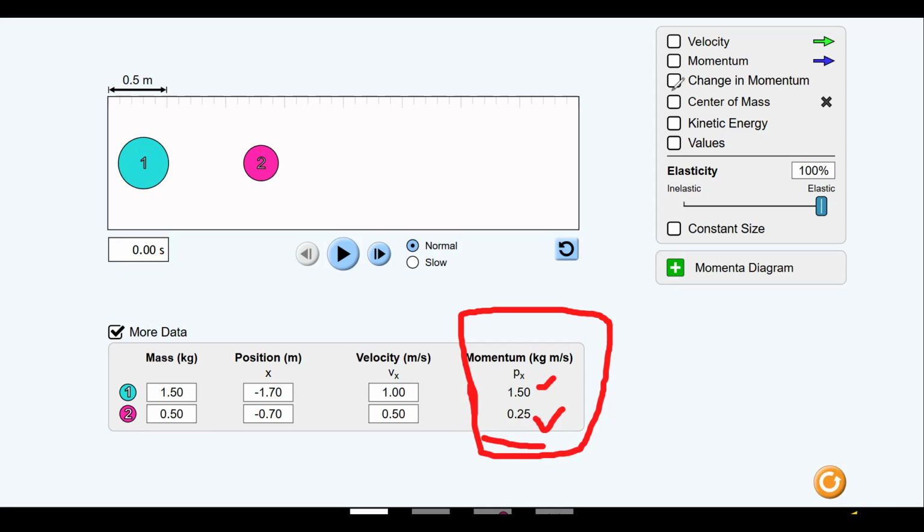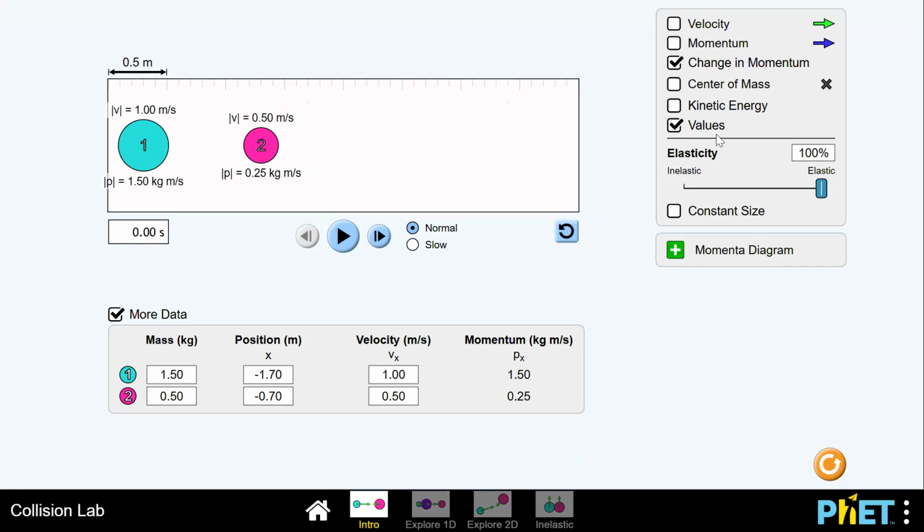So, for example, now you can see the motion. Momentum of the first object is 1.50, second object 0.25, first object velocity 1, second object velocity 0.50.